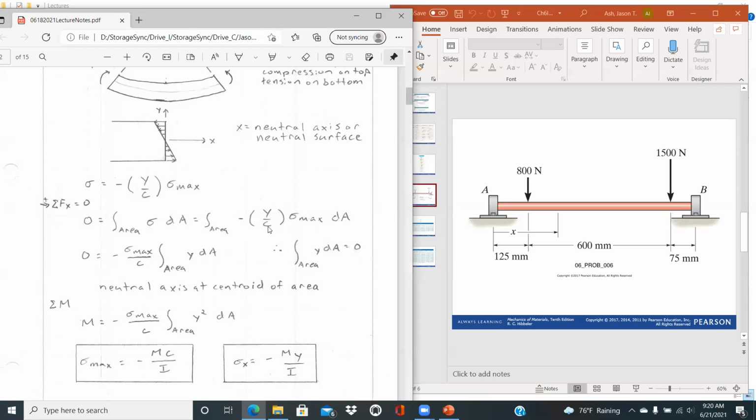Sigma max is a constant, c is a constant, so those can be pulled out with the minus sign, and we're left with the integral over the area of y dA. And so for this to be equal to 0, since both these are constants, that tells you that the integral over the area of y dA has to be equal to 0, which is the thing that really forces that neutral axis at the centroid of the area.